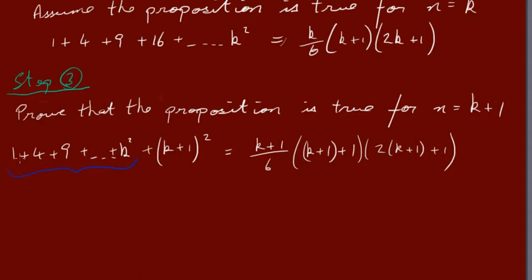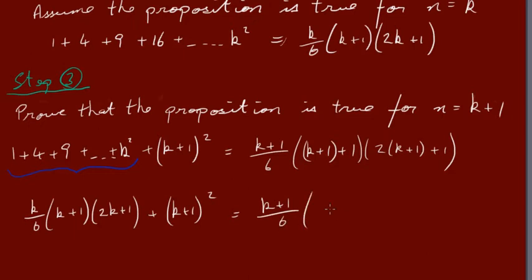In other words, up as far as here, from 1 up to k squared, I can just write k over 6 times k plus 1 times 2k plus 1. Then I've got to write in the k plus 1 squared, so that's my left hand side written a different way. On the right hand side I'm just going to tidy that up, so I've got k plus 1 over 6, k plus 1 plus 1 is just k plus 2, and here I've got 2k plus 2 when I multiply out this bracket, plus another 1, that's 2k plus 3.